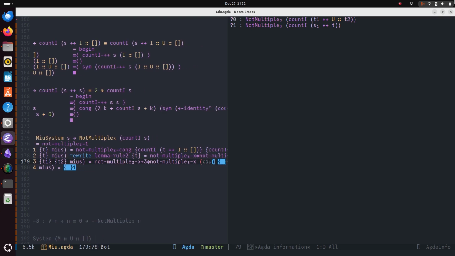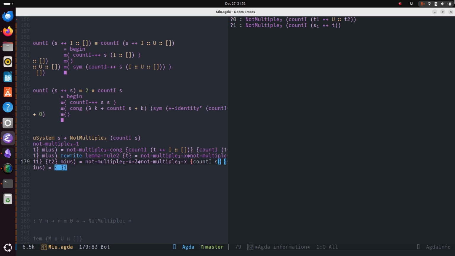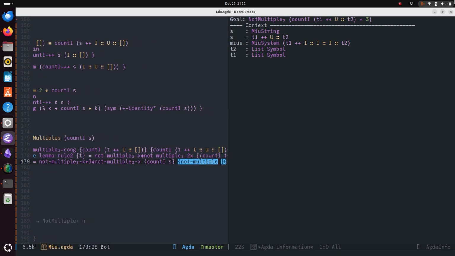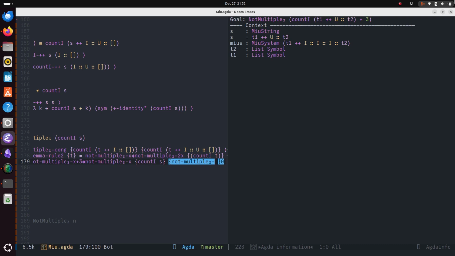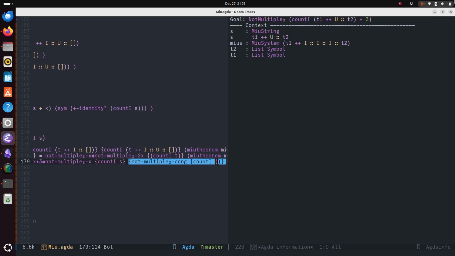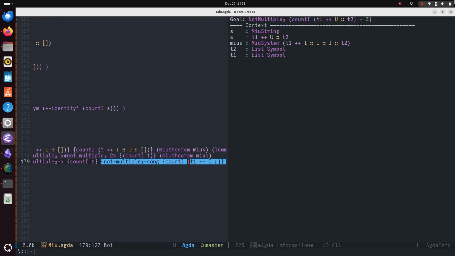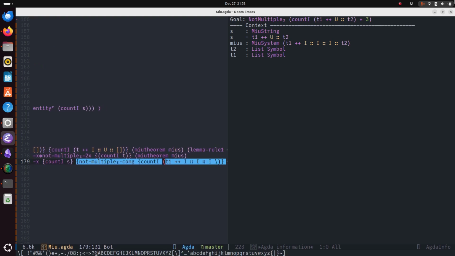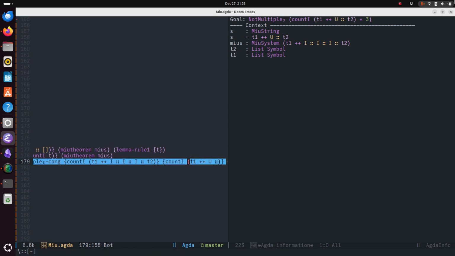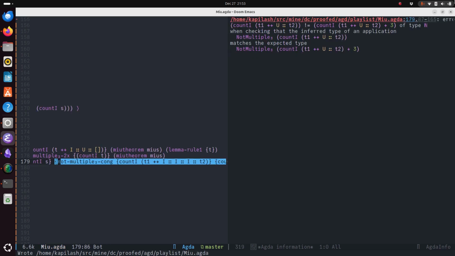This is true for the case of... so now we will bring in the congruence again. Oh, plus 3.